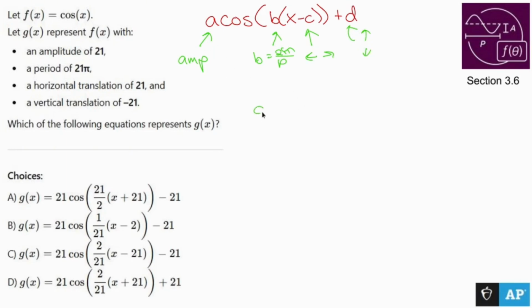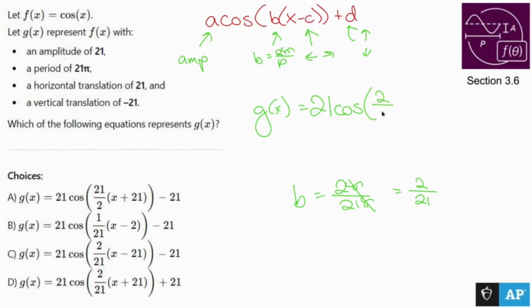So I just found out that g of x is going to have an amplitude of 21. So it's going to be 21 cosine, parentheses. B is going to be 2 pi over the period. The period is 21 pi. So B is going to be 2 pi over 21 pi, which simplifies to 2 over 21.